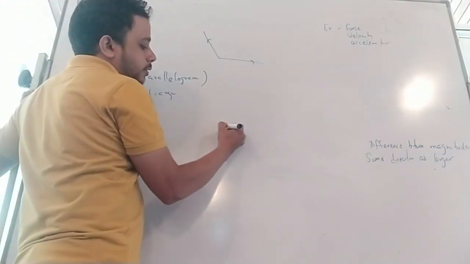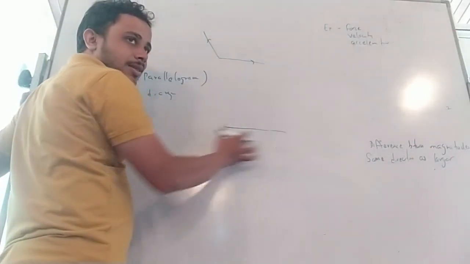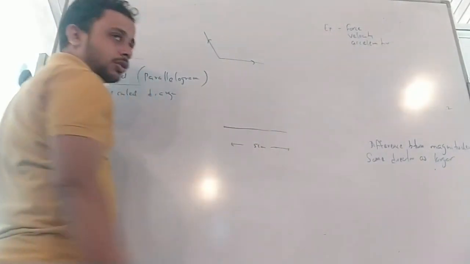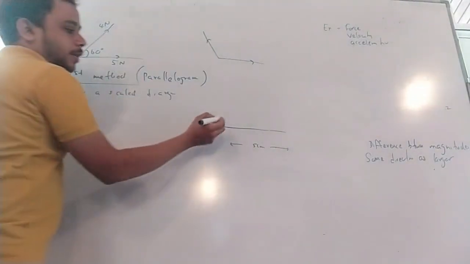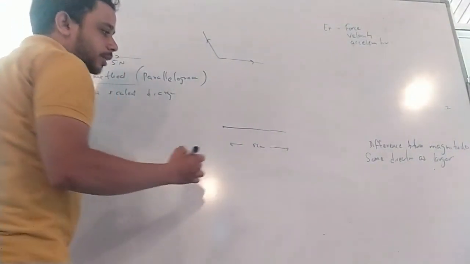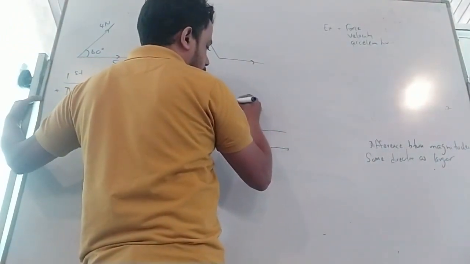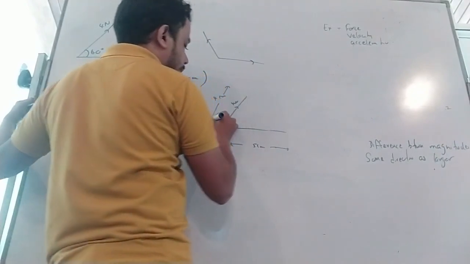You measure this length, 5 centimeters or something, depending on your force. Then you measure this angle and draw the other one from the same point. This will be the 4 Newton force, represented by a 4 centimeter line, like this.